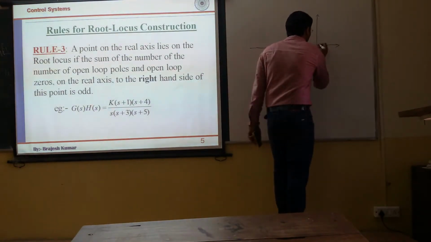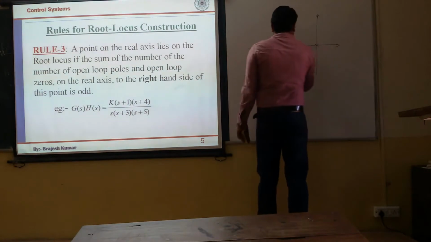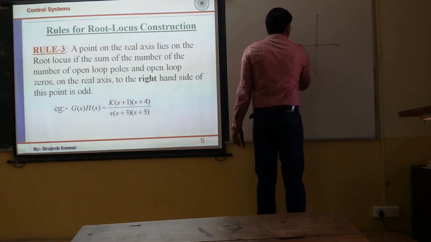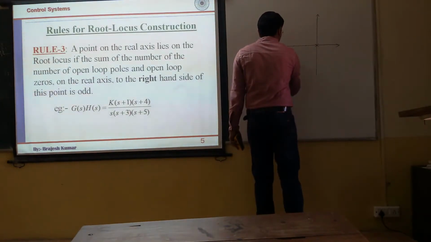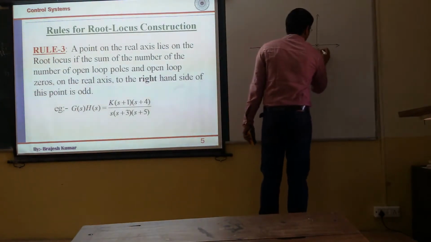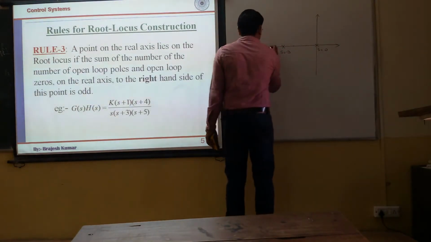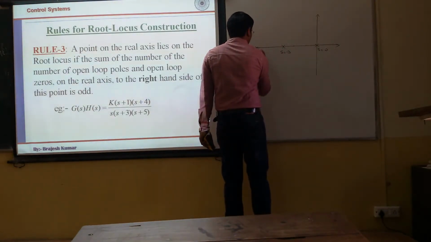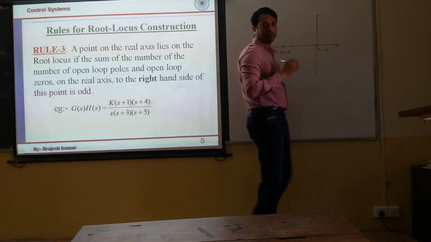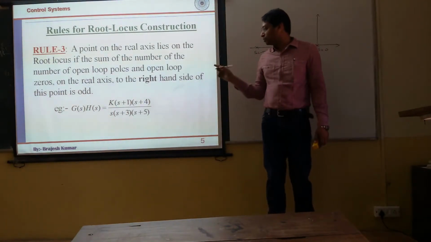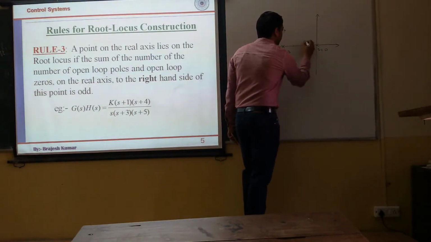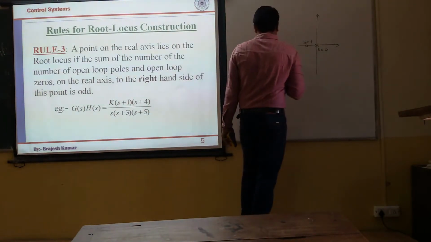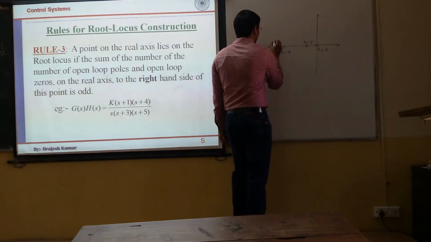Poles are at s equal to 0, s equal to minus 3, and once again one pole is at s equal to minus 5. And zeros are at s equal to minus 1 and at s equal to minus 4.